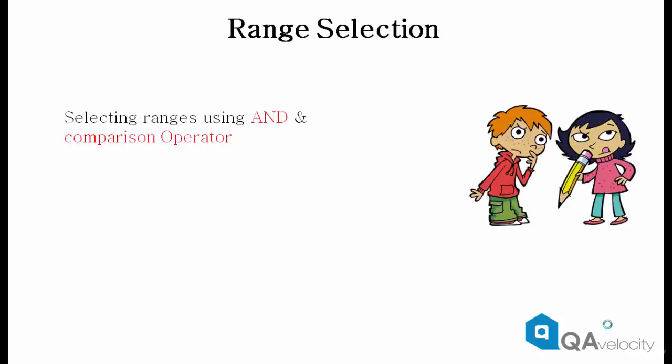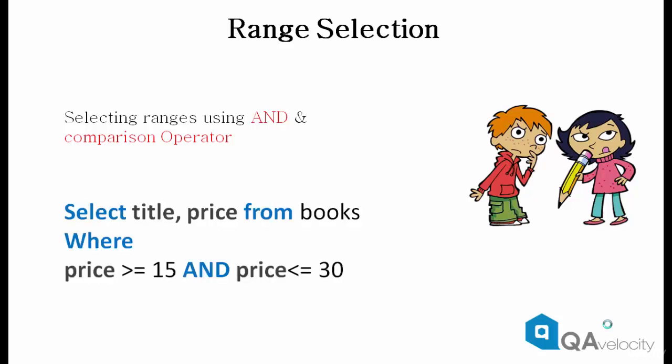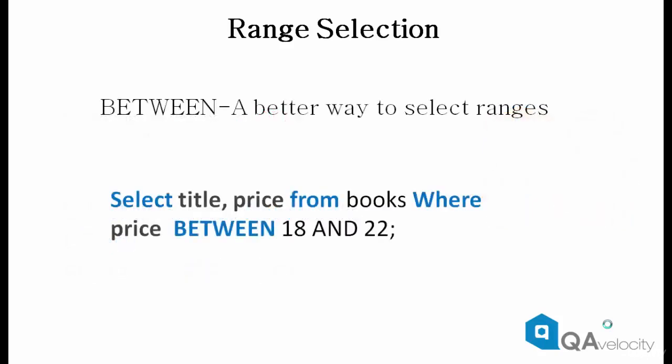Let's say Greg asked for all the books which price comes between $15 to $30. We can use comparison operators to select ranges and the query would be select title, price from books where price is greater than or equal to 15 and price is less than or equal to 30. So to tackle the same issue, SQL also provides a keyword BETWEEN which provides an easy way to select ranges.